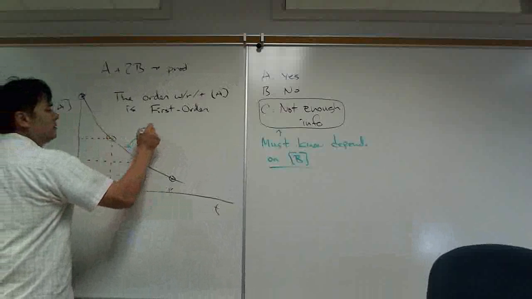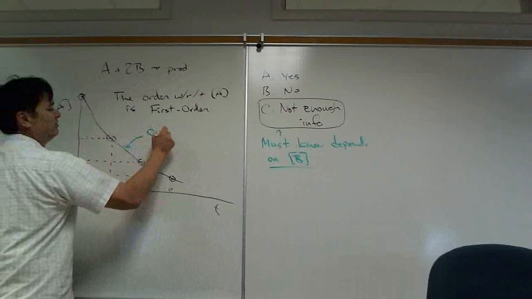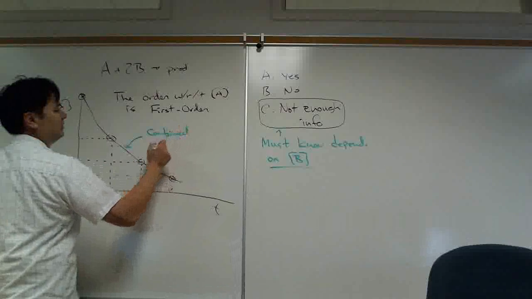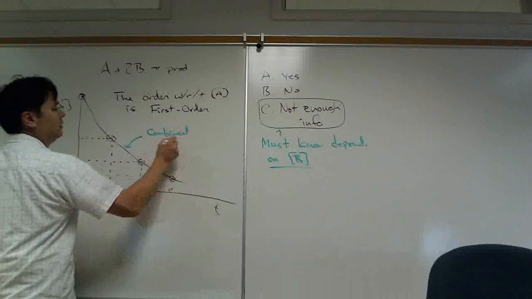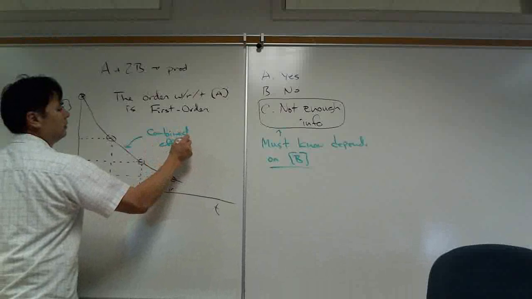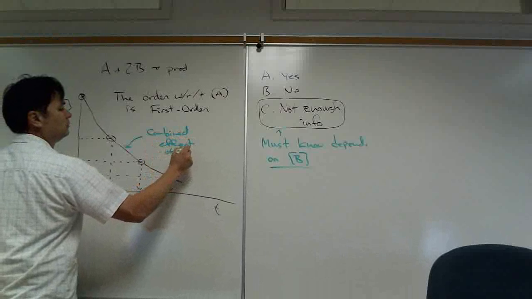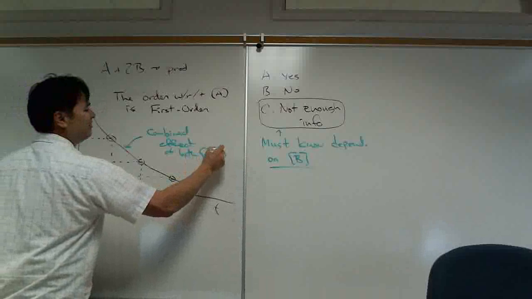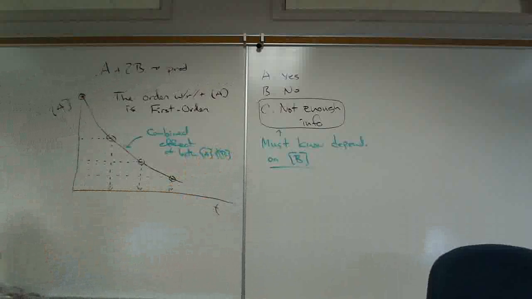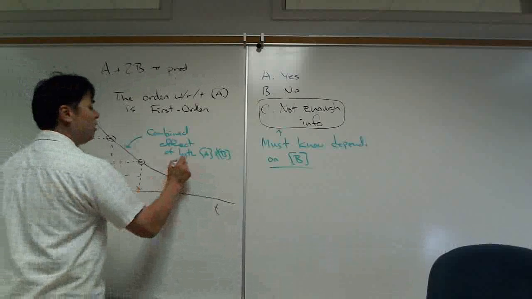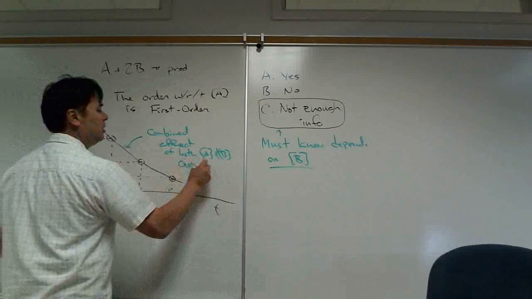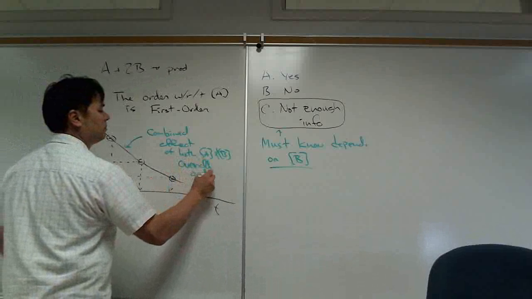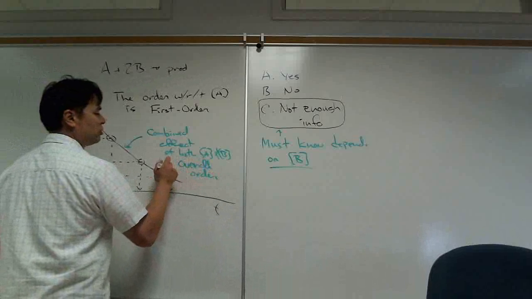We see this is the combined effect of both A and B. And what we call this is the overall order of reaction. Overall order is first order.